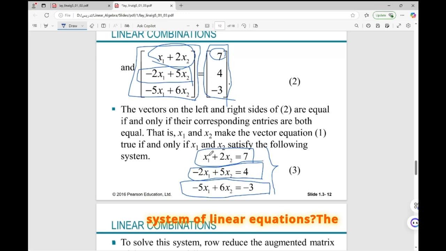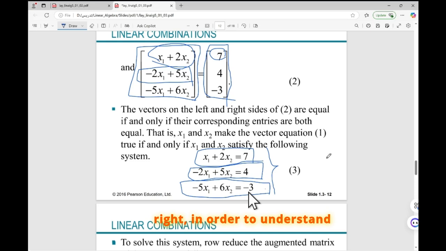The coefficient of x1 is vector a1, and the coefficient of x2 is 2, 5, 6, vector a2. And the right side value is vector b. So we should solve this system of linear equations and see if there exist values for x1 and x2.